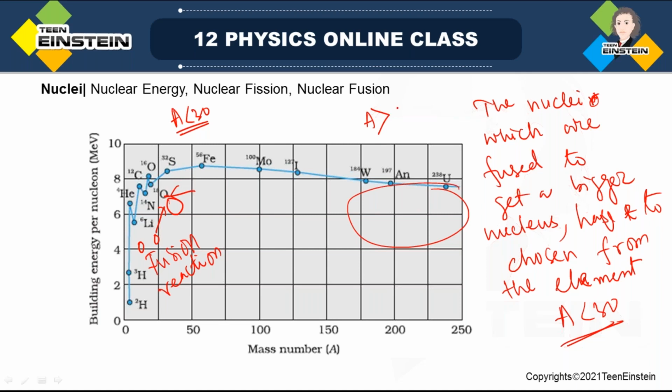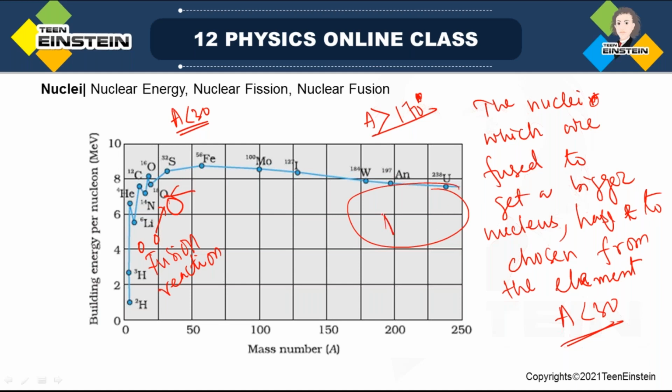If your mass number is greater than 170, then you have to break the nucleus into two daughter nuclei so that you get energy released in that reaction.